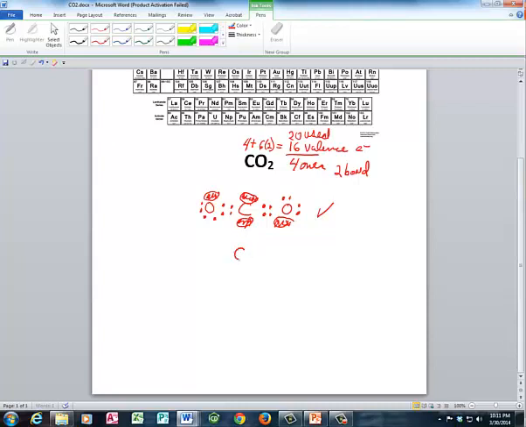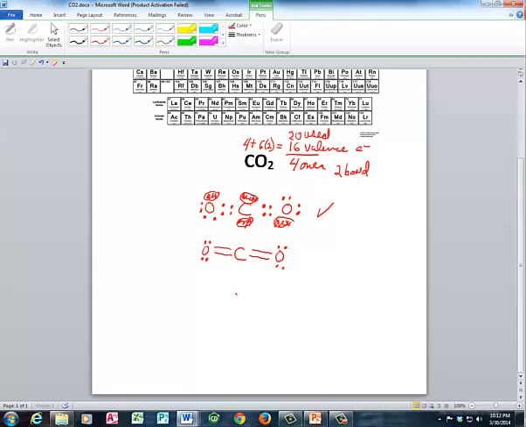However, let's redraw the structure with lines to make it a little easier to see what we're about to talk about. We'll do the best we can, make this as neat as we possibly can. All right, so there's our structure: 2, 4, 6, 8, 10, 12, 14, 16. We're looking good. Here's our carbon dioxide molecule.